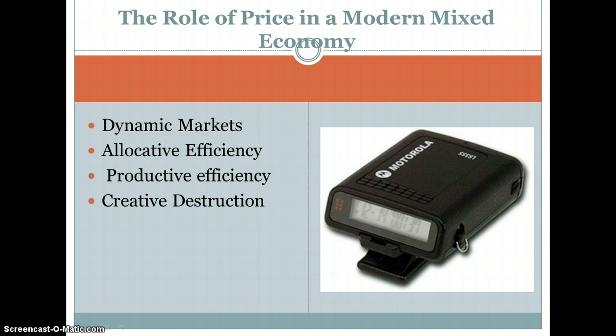Maybe the government says we can only import so much coltan because there's just too many kids in the Democratic Republic of Congo who have to go in the mines, and many of them are doing it at gunpoint. So we're going to lower the supply of coltan, and this would lower the supply of phones. Well, that would raise the price of phones because they're scarce. This would be an example of a dynamic market. It's always shifting. So prices of goods are always shifting, and we're always trying to find the equilibrium price.